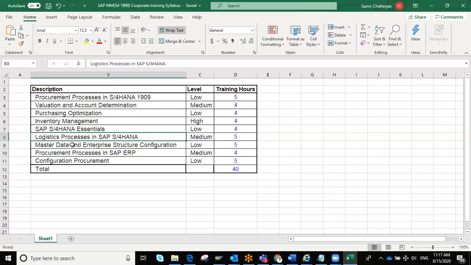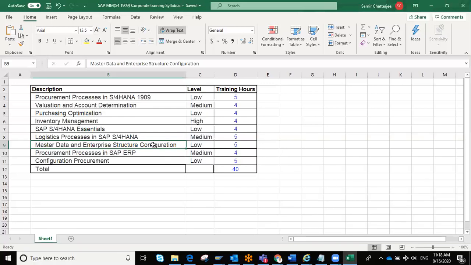Now, the master data and enterprise structure configuration involves the customizing and configuration part, which we shall discuss at a very micro level. Customizing and configuration steps are the bread and butter for a functional consultant. For any specific customizations of a standard process, we need to go to the SPRO or IMG menu in S4HANA also.